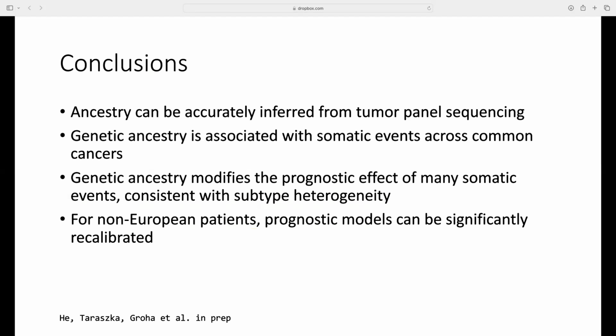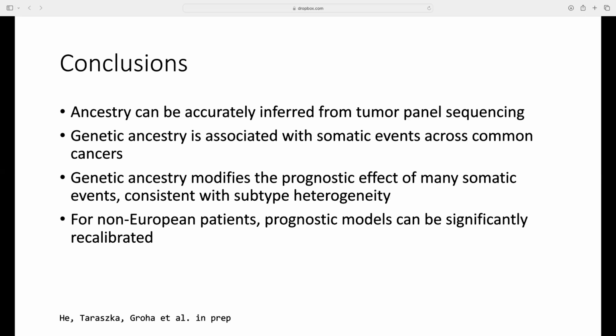And so just to conclude this example, I hope that I've given you some demonstration that, first of all, genetic ancestry is interesting to study and can be inferred from the kind of data that we routinely collect, that there is an association between ancestry and the type of tumor and the drivers that patients develop.